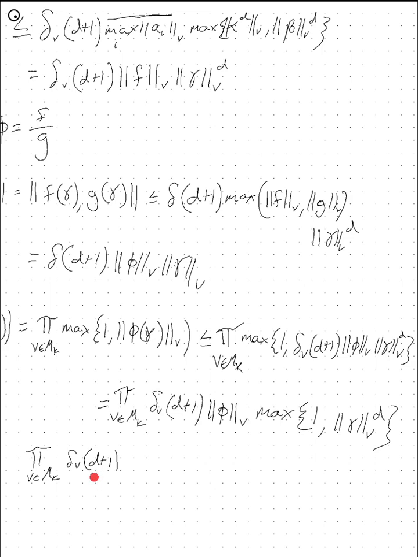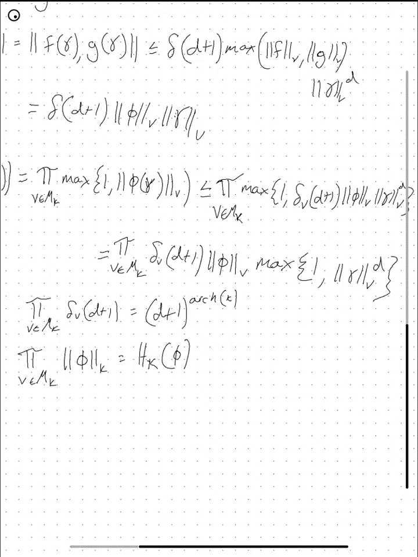And so the product over all places of delta nu of d plus 1 is either going to be d plus 1 for the Archimedean places, or it's going to be 1 for the non-Archimedean places. So this is just d plus 1 to the number of Archimedean places of k. And then for the second part, the magnitude of phi is our definition for the height of phi.